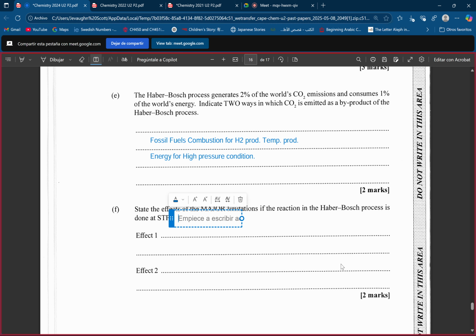Hold on. 0 Kelvin? Guys, hold on. 0 Celsius?